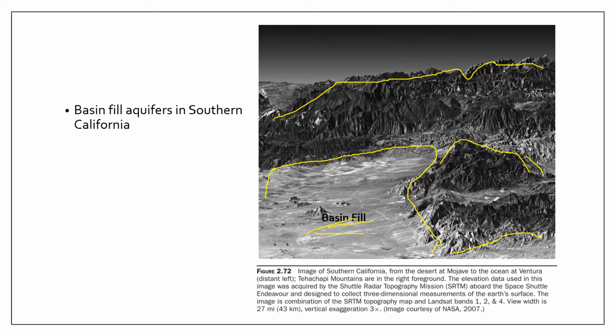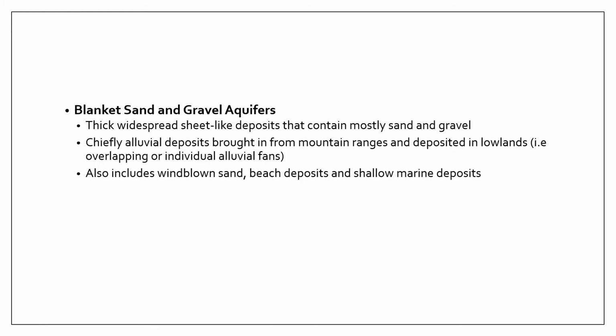So there is definitely a distinctive geomorphologic pattern here, which is expressed by an abrupt change from rugged and steep mountain areas to a suddenly flat area. All right. Next type is our blanket sand and gravel aquifers.